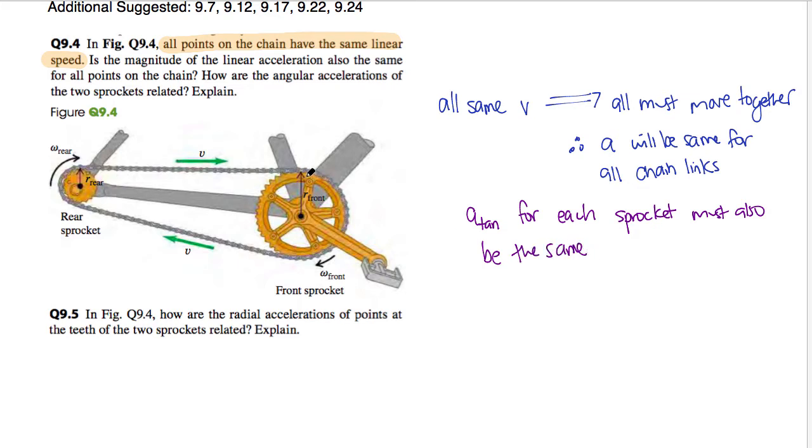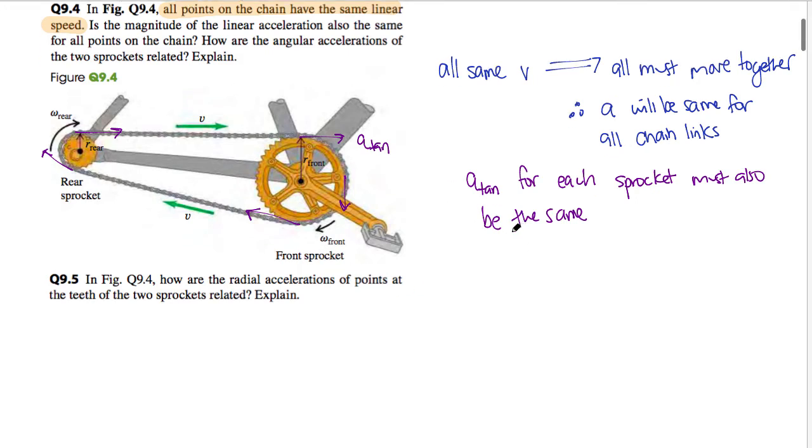So, since the tangential acceleration is this acceleration here, right, and that's at all points tangent to my sprocket, then how does that relate to angular acceleration?